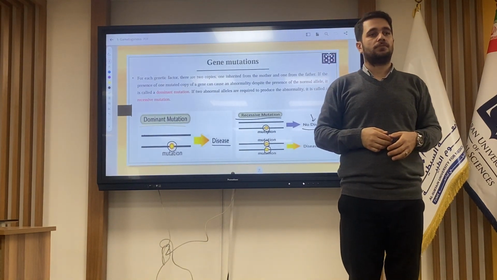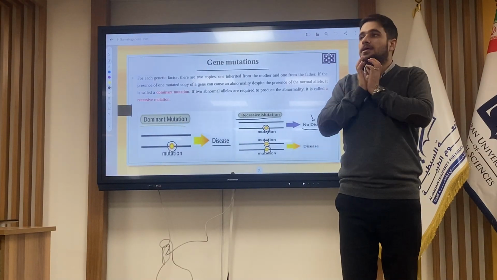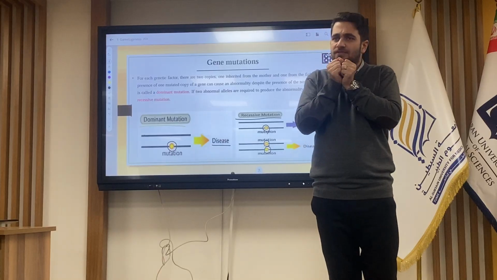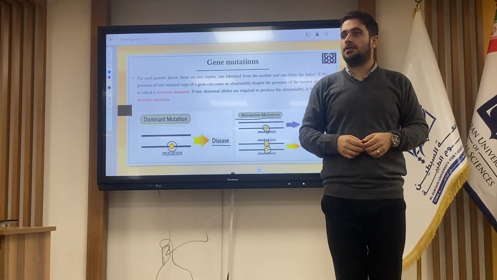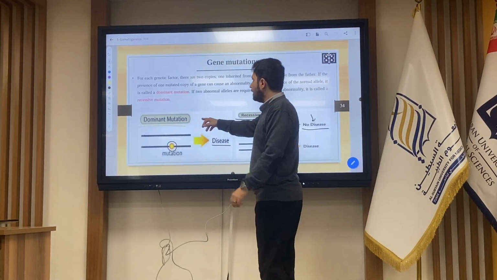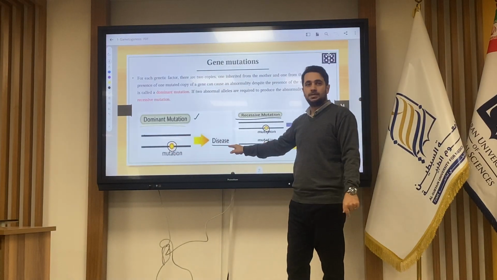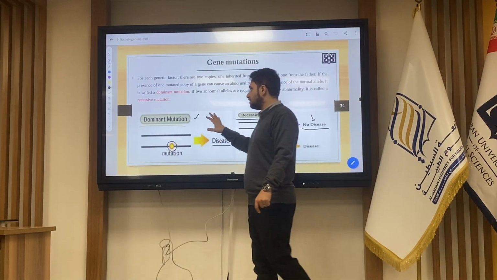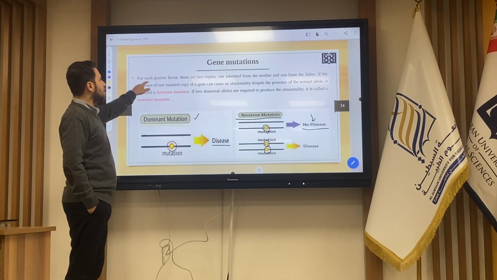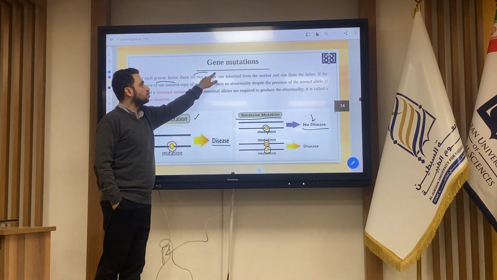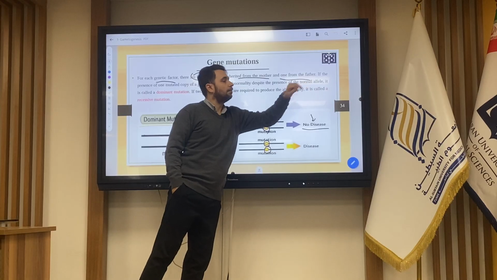We have these genes, but it's not showing itself, like sickle cell anemia. You just have this information, you just have these mutations, but it doesn't show itself. But when we have dominant, if we have one of them, it leads to disease. Okay? So this is the difference between dominant and recessive mutations. For genetic factors, we have two copies, one coming from mother and one coming from father.